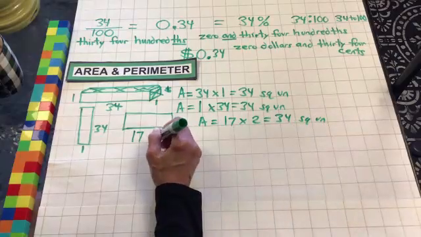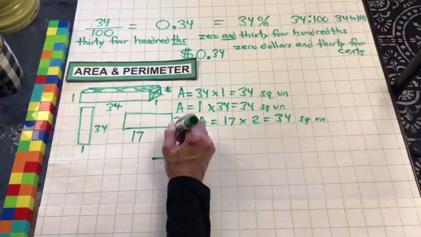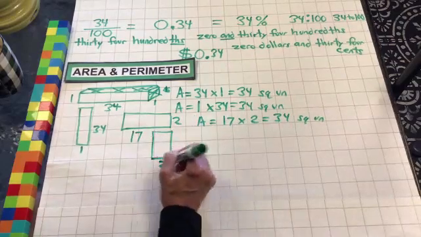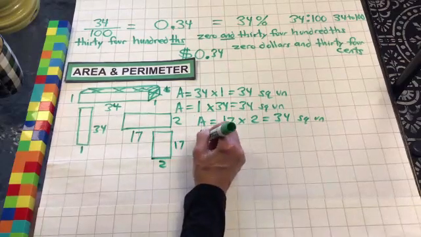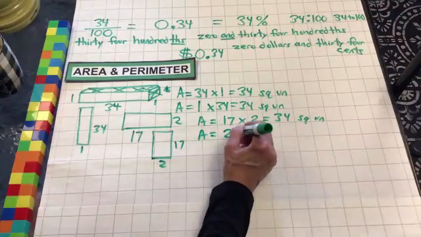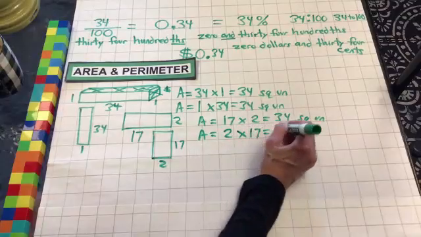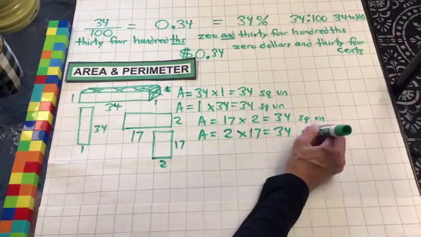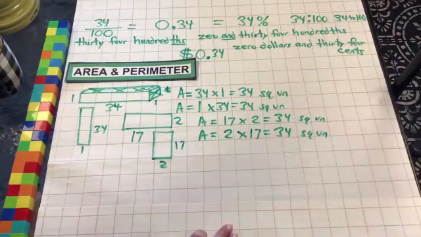And the other way we would do it would be 2 by 17. 2 by 17, and I'm not worrying about making it exact. It's just representing 2 by 17, which equals 34 square units. And that's all the areas we got.